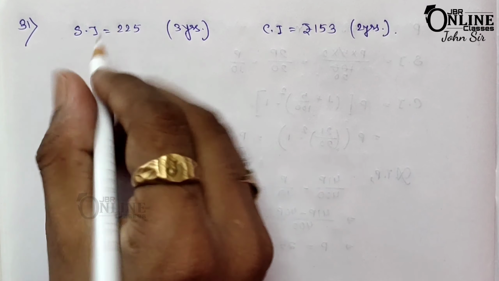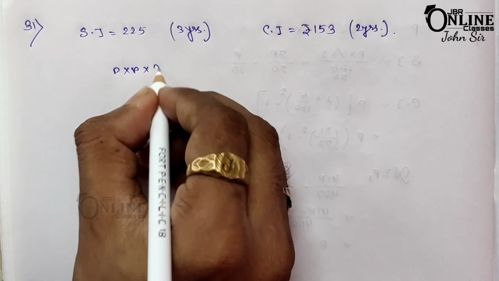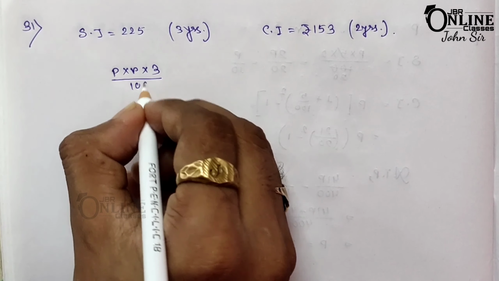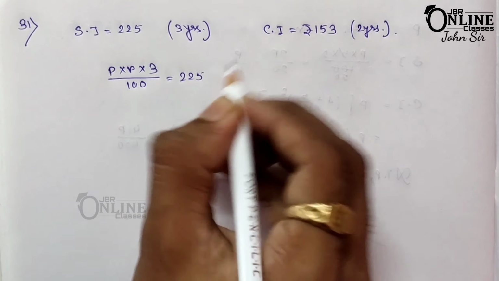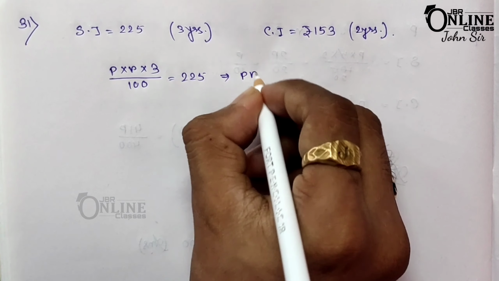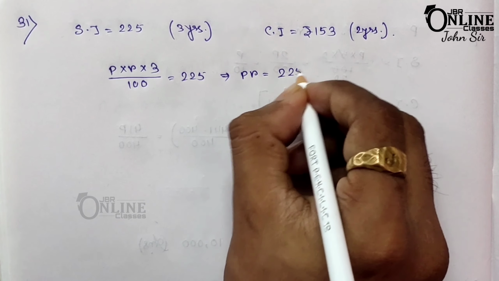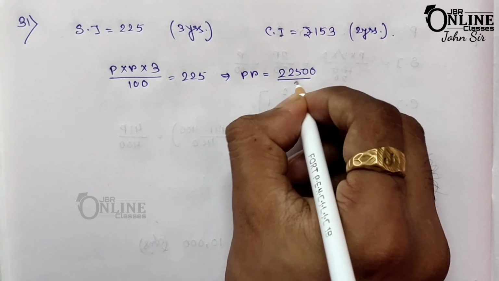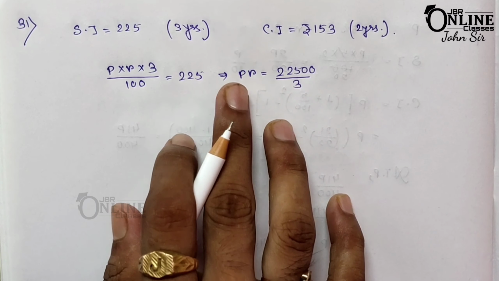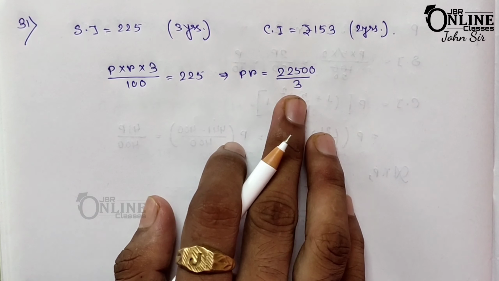So as SI equals 225, that means P into R into 3 by 100 equals 225. So from that PR equals 22500 by 3.